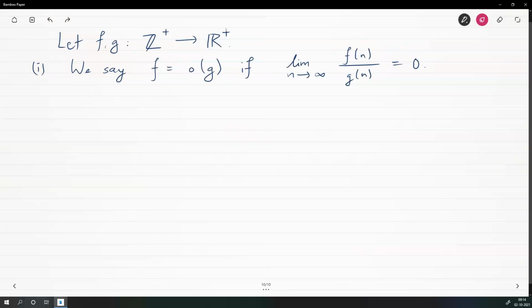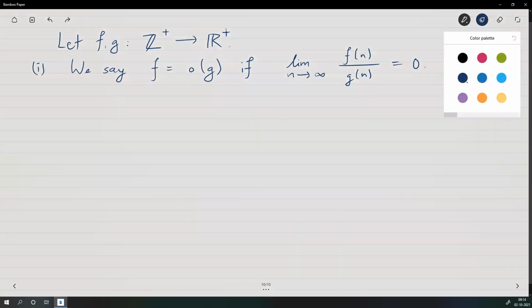And secondly, before I go to the second one, we can write this in an alternative way. What is that? You can expand out the definition of the limit, right? We know how to write the definition of this limit being equal to 0. These f and g are functions from positive integers to positive reals, so there is no need for mod. You have the mod or you don't have the mod, it's the same thing.